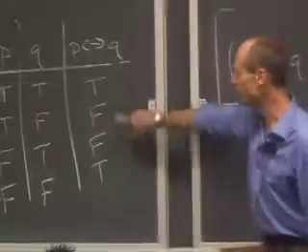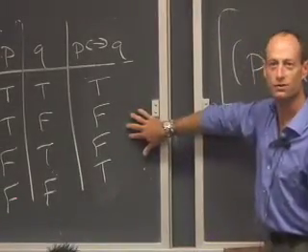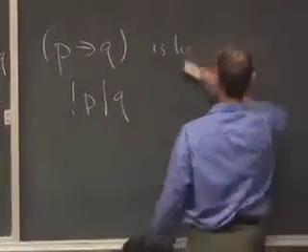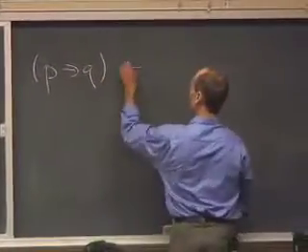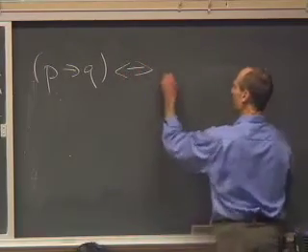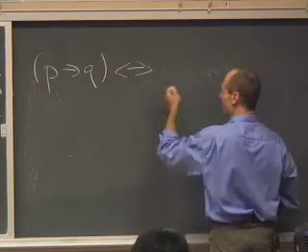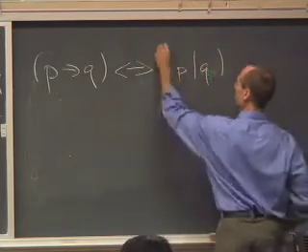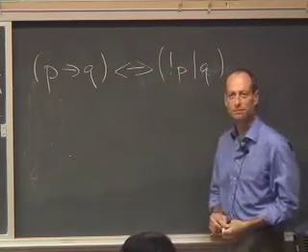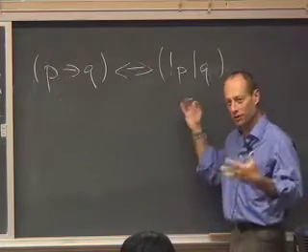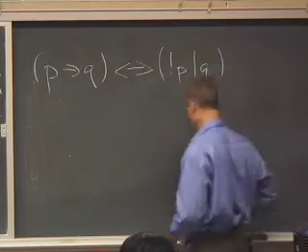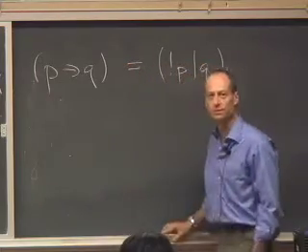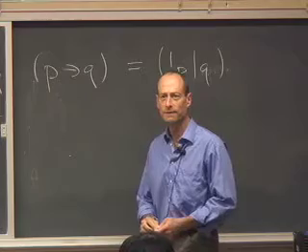So another way to write this is that P implies Q if and only if, is logically equivalent to not P or Q. They are logically the same. You also write them as equal as functions, as functions of P and Q.